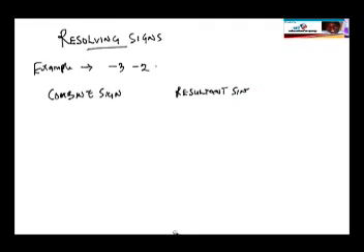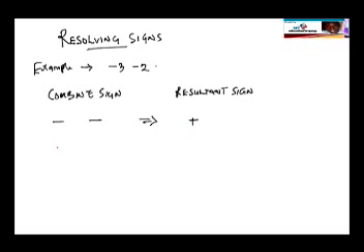Now if I have minus minus, my resultant sign will be plus.